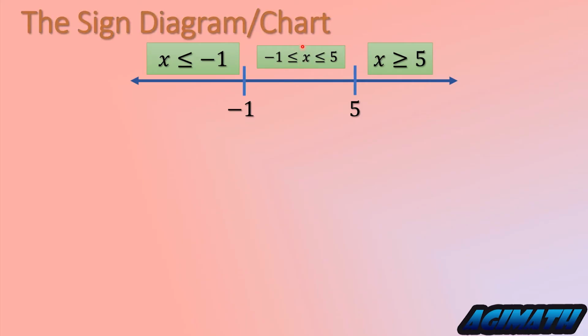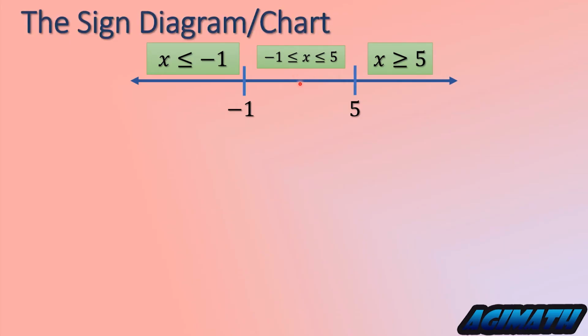That's why on our notation, we have negative 1 is less than or equal to x. So the lowest possible value of x is negative 1. And then on the right side, the highest value of x on this interval is 5. So one perfect example in this interval is 0. Why? Because 0 is greater than or equal to negative 1 and 0 is less than 5.